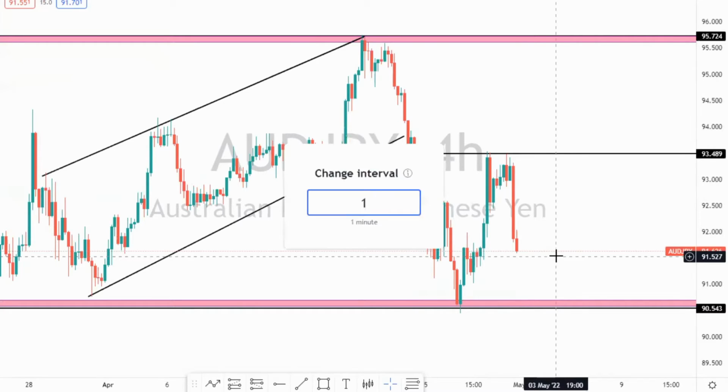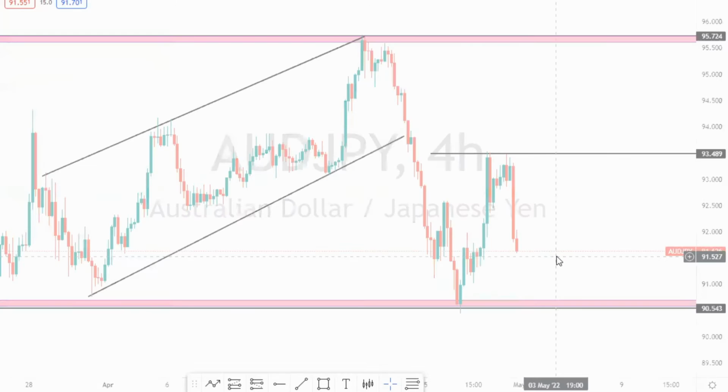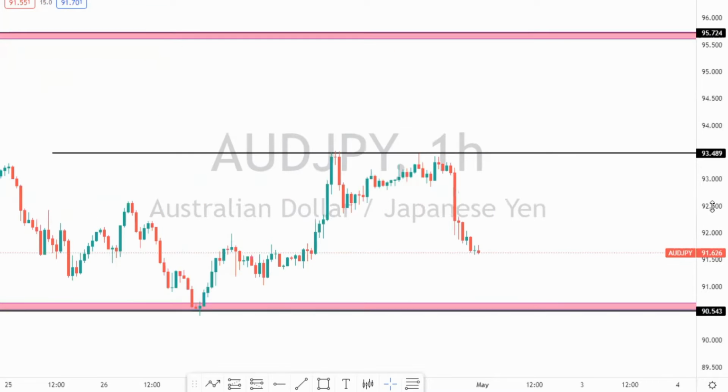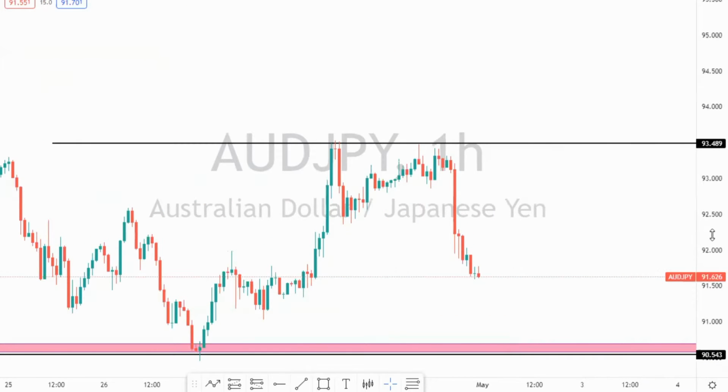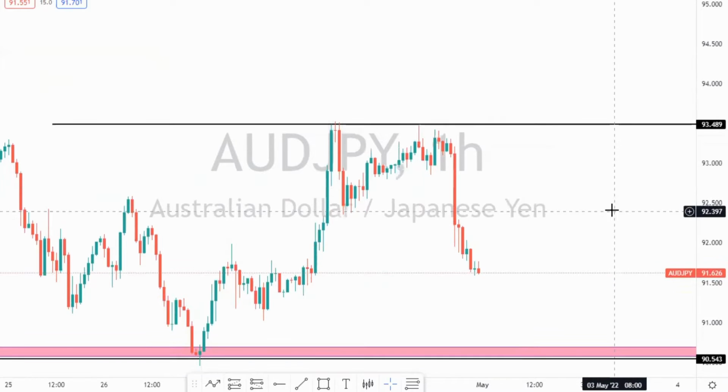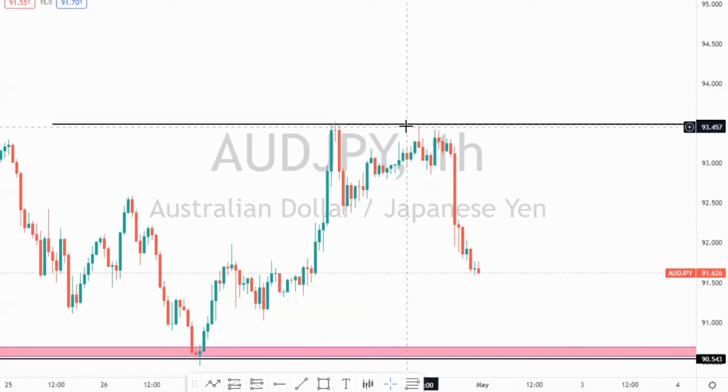So let's change the time frame and let's go down to the 1 hour time frame. So with that being said, I'm also seeing something very interesting. Even though we rejected here, we created a double top. But this double top was a reversal pattern.